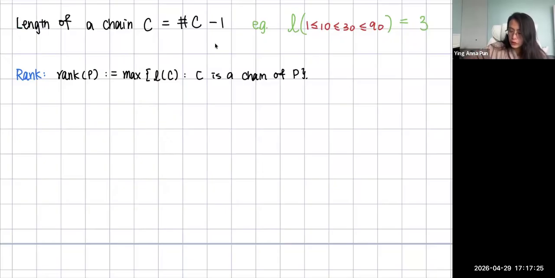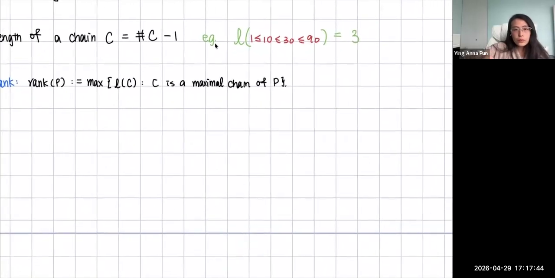So instead of looking at all chains, you can also look at just the maximal chains. Because if you are not maximal, meaning you are already contained in another longer chain, your length must be shorter. So you just need to look at all the maximal chains.